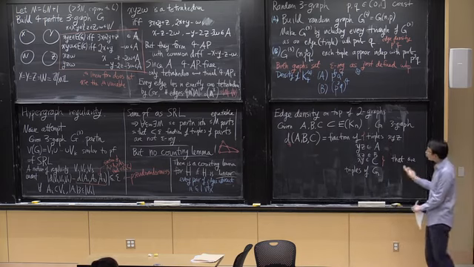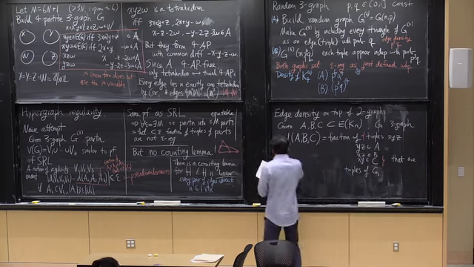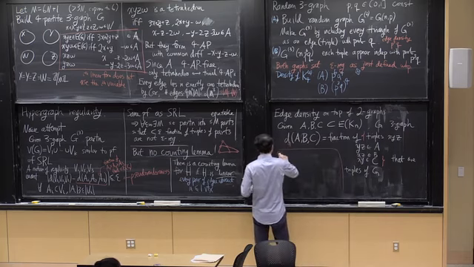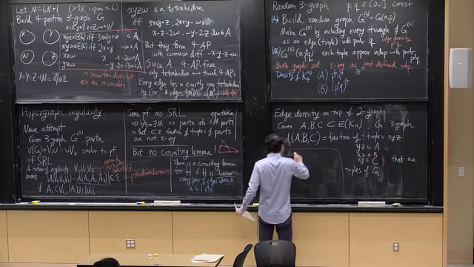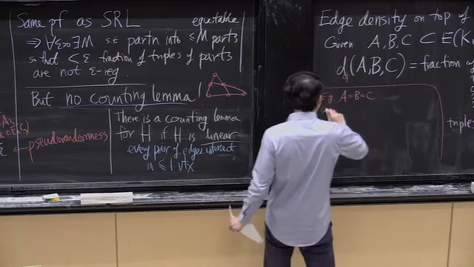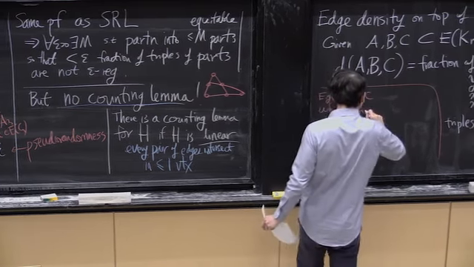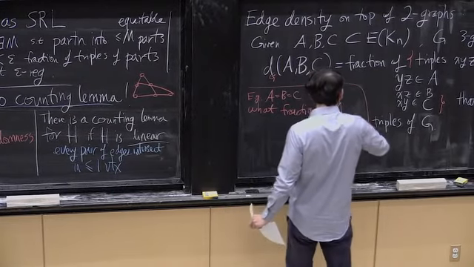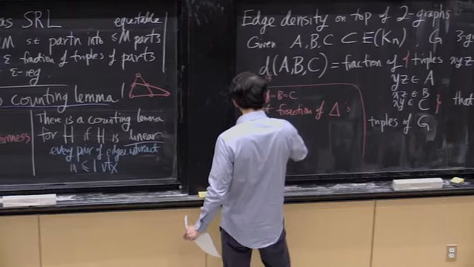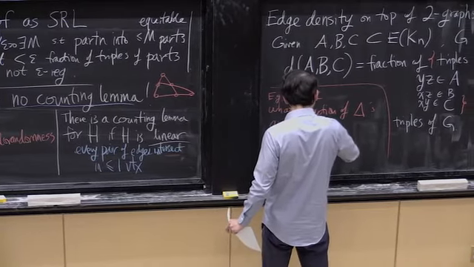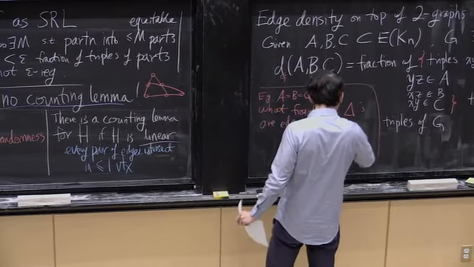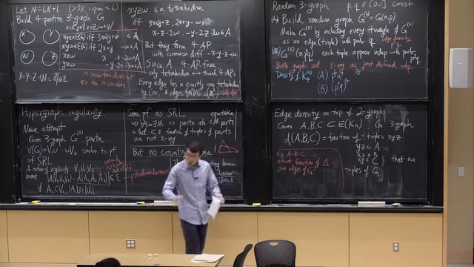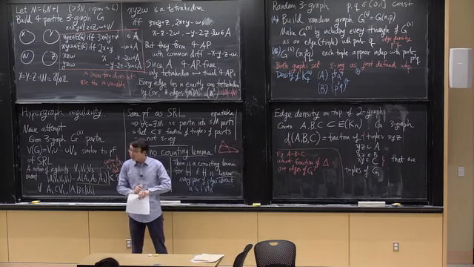Right, so in the case when ABC are the same, it's asking what fraction of triangles are edges of G. But you're allowed to use three different sets here.